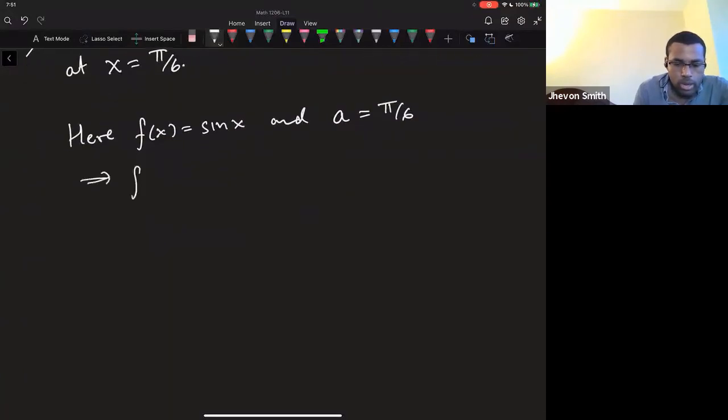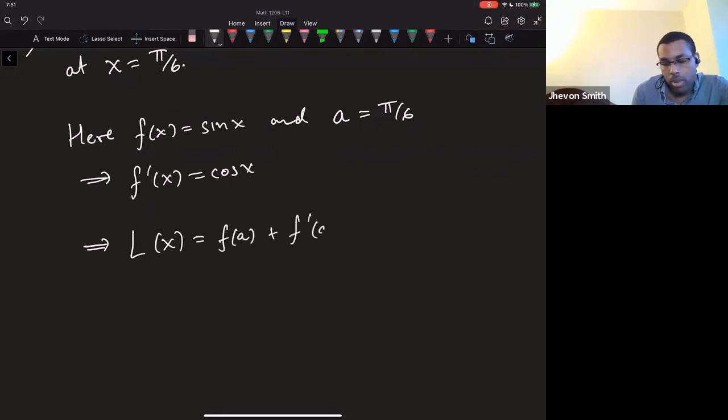So this would mean that f prime would be equal to cosine. And so the linearization is going to be f evaluated at a plus f prime evaluated at a times x minus a.